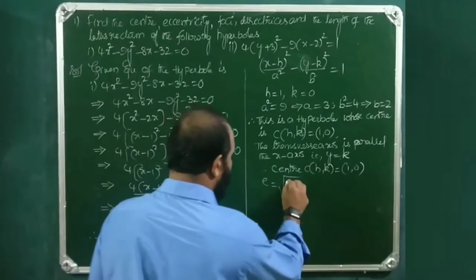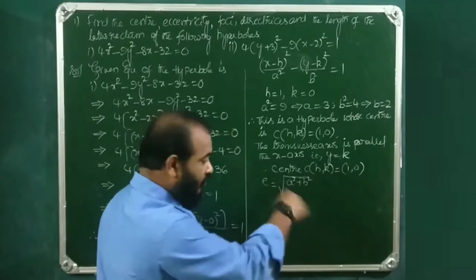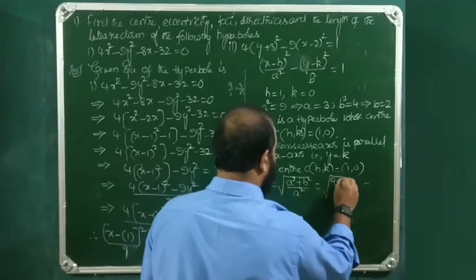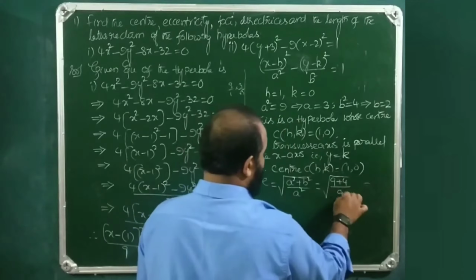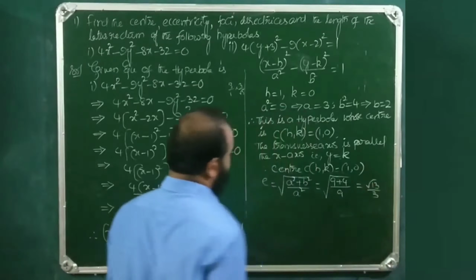Here, square root of a square plus b square, by whichever is greater, that will come under the denominator. So this is a square. So this is root of 9 plus 4 by a square. The a square value is 9. So this is root 13 by 3.